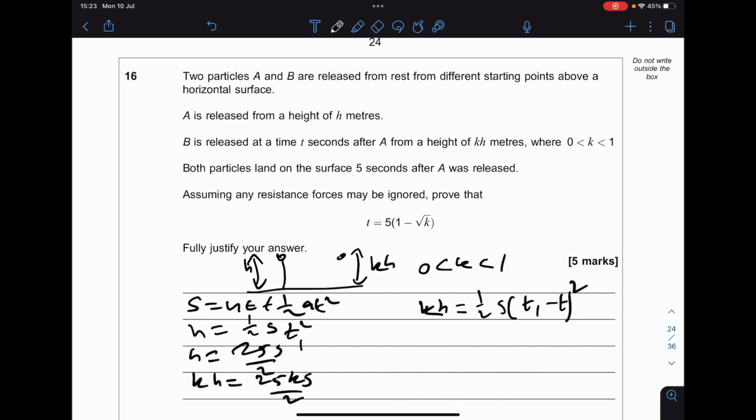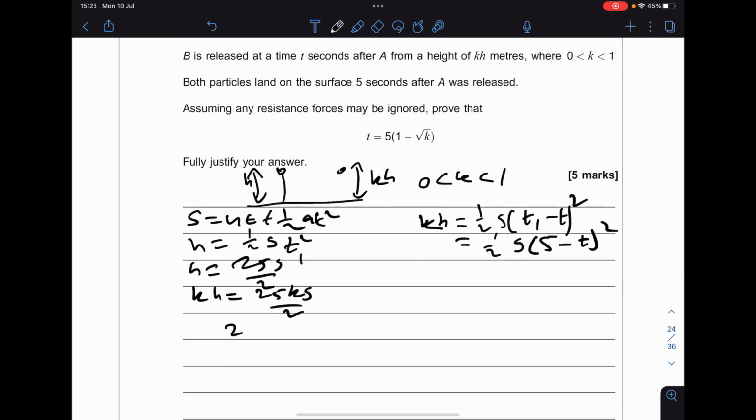So that's going to be 1/2 g of 5 minus t, squared. So we've got kh for both of them now. So we've got 25kg over 2 is 1/2 g (5 minus t) squared.